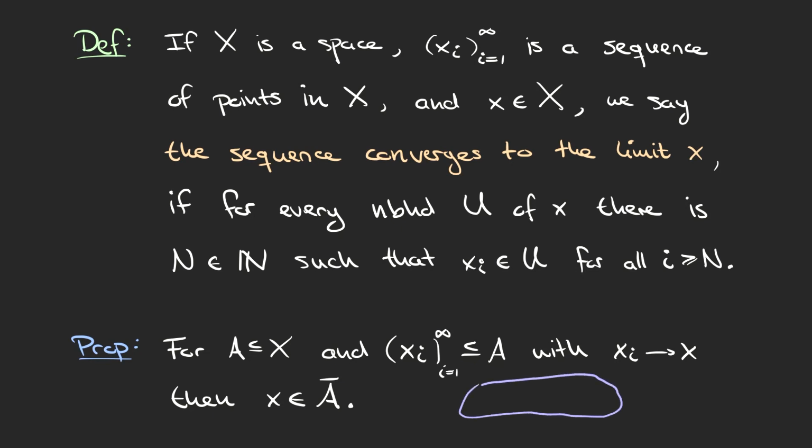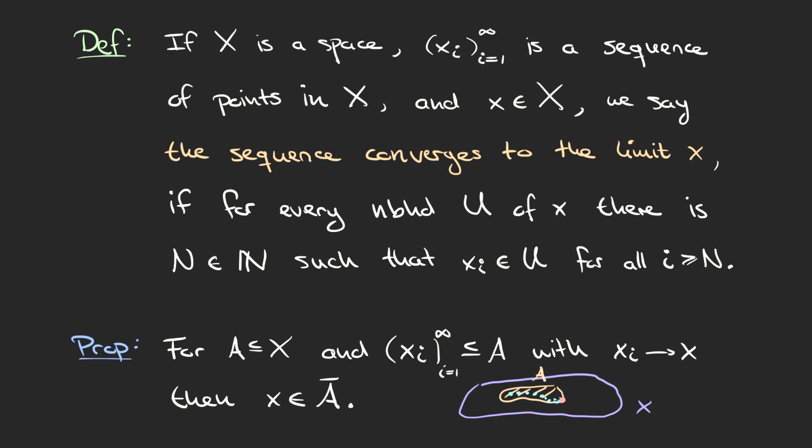So if we have our space X and we have some subset A of X, and now we consider a sequence of points in A that converge to some limit. So let's say this red point here is the limit.